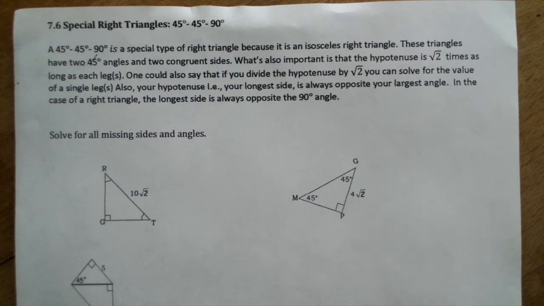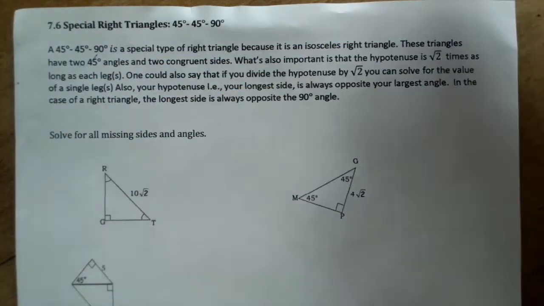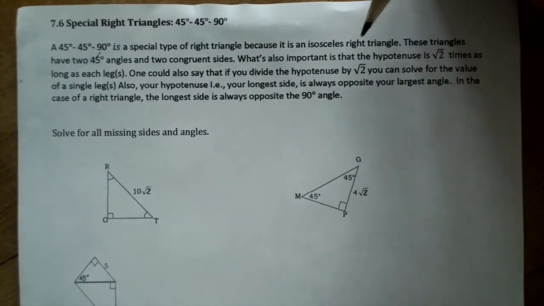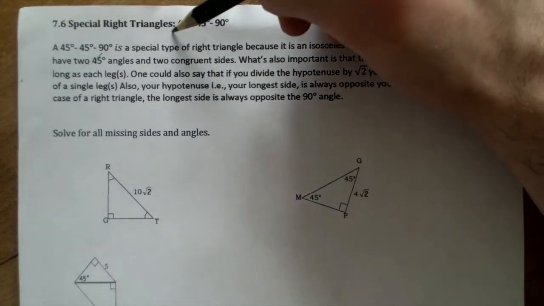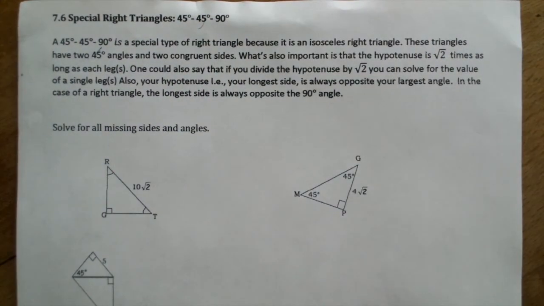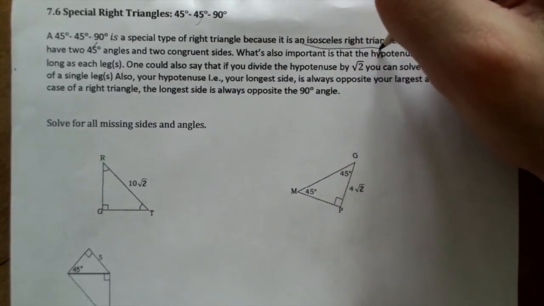All right, so in our next question, we're going to be looking at this one here on the left. We have a special right triangle, a 45, 45, 90 degree right triangle. Considering we have two congruent angles, that also means we have two congruent sides, or what we would call an isosceles right triangle.